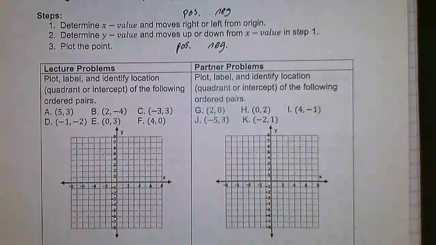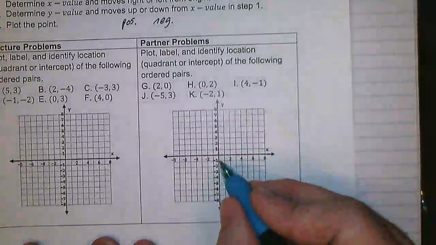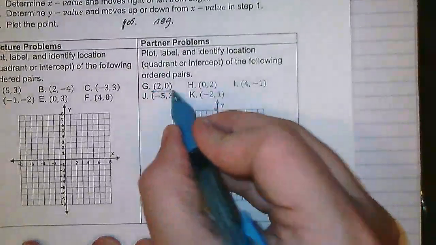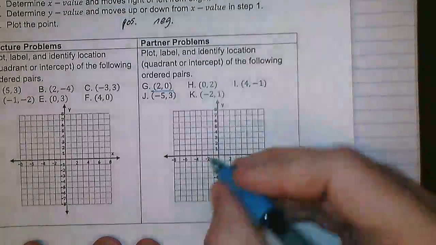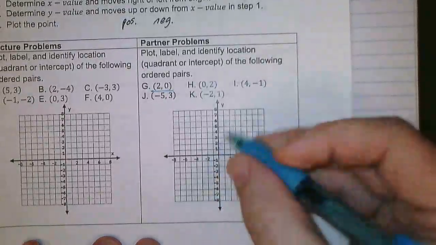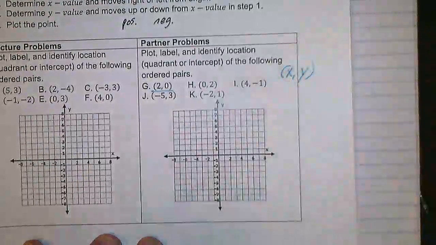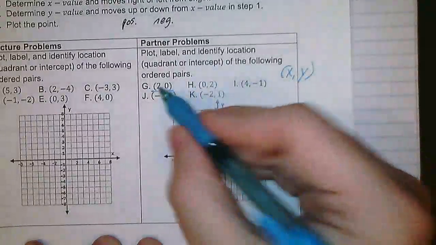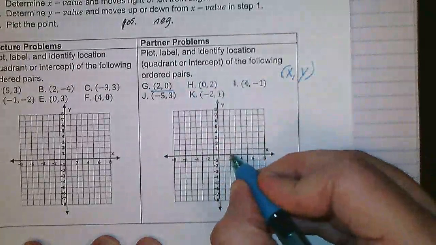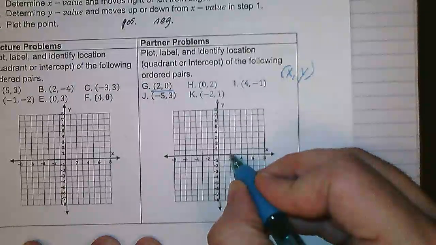So we'll do one of these. Plot these points. I'll do this one over here. G is at 2, 0. So start at the origin. This is the x value. Remember, an ordered pair is an x, then a y. So from the origin, we go over 2 to the right.